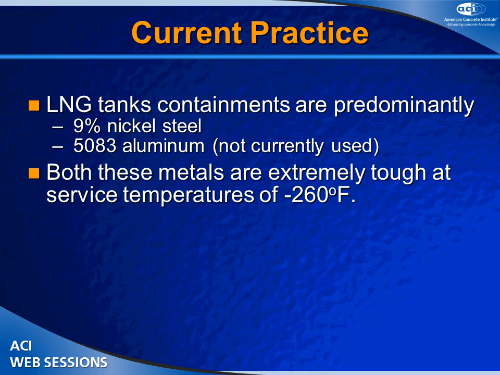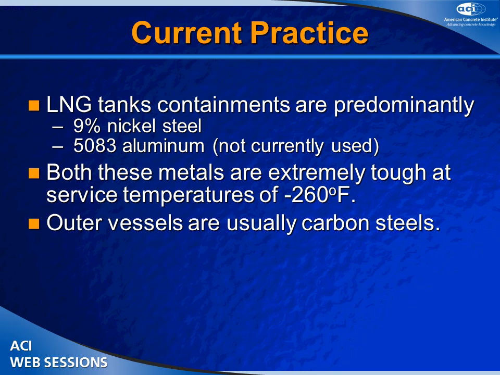You have to think that you're dealing with steel being exposed at minus 260. That's a very critical situation for steel. The outer vessels nowadays are usually carbon steel, though we're starting to get an introduction into the marketplace, and we'll show the photographs in the second session about construction that we're doing now with concrete.